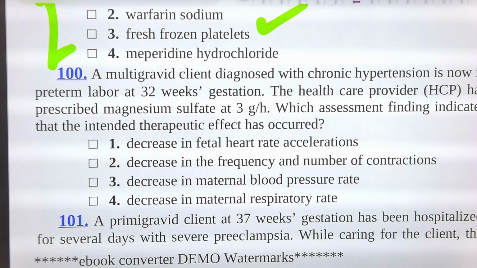So magnesium sulfate may be used as an anticonvulsive or a tocolytic agent. So what will be the right answer? The intended effect is to decrease the number and frequency of contractions, which will be the correct one. So answer number 2 will be the correct one.